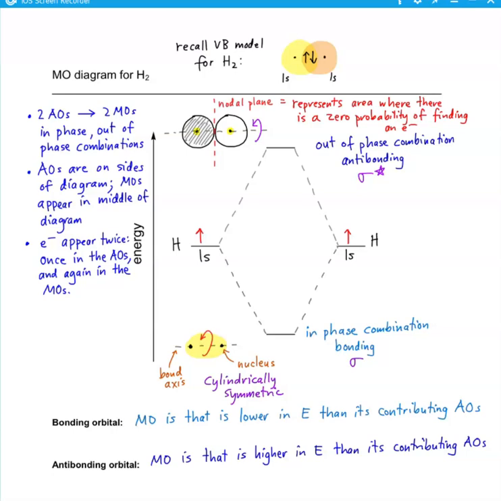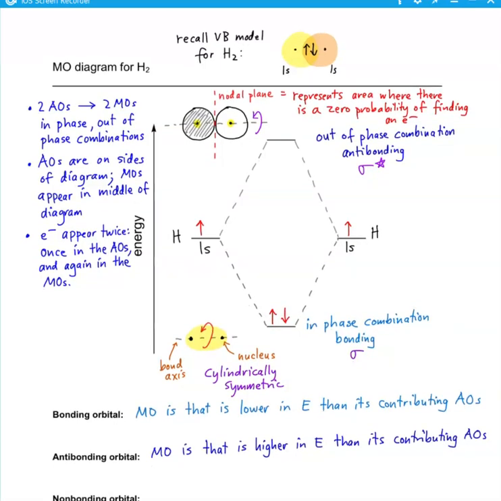So we would use the same rules to put electrons into those orbitals as we did when we put electrons into the diagram for carbon, which is to say, Aufbau, Hund's rule, and the Pauli exclusion principle, which means that we're going to start by putting an electron in the lowest energy slot, and the next one, because we have two, is going to be paired in the same orbital, paired with the original electron. Okay, so remember, over there on the left where it says electrons appear twice, once in the atomic orbitals, and then again in the molecular orbitals that we've created.